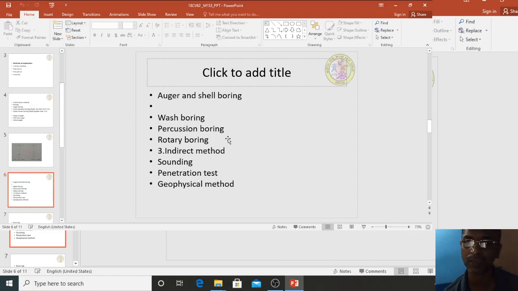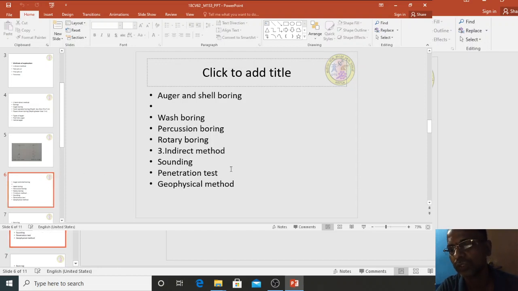Dynamic cone penetration is one more type of cone penetration method, and static cone penetration is there. These are all tests by which we indirectly assess the behavior of the soil.